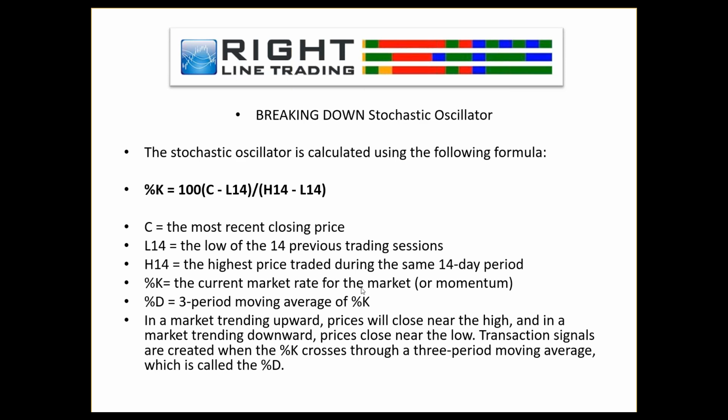So the percent K line is simply the acceleration of price to the upside as the close of the candle approaches the high, or the close of the candle approaches the low. And if you want to use that percent K crossover, percent D is just a 3-period moving average of percent K. The percent K line is the only thing that's important.